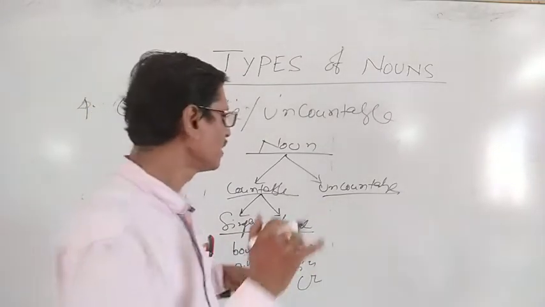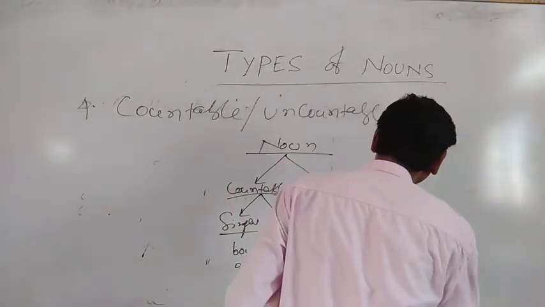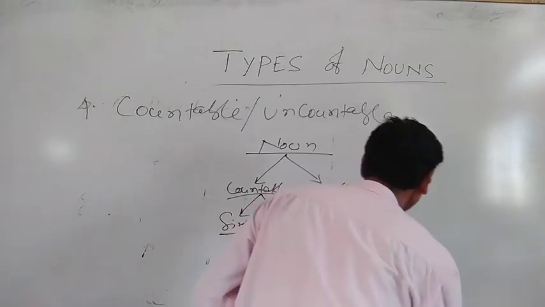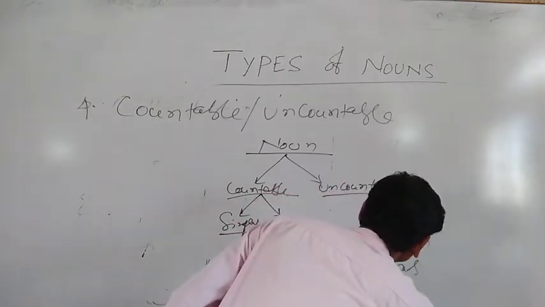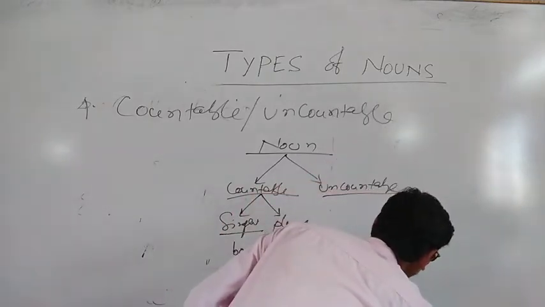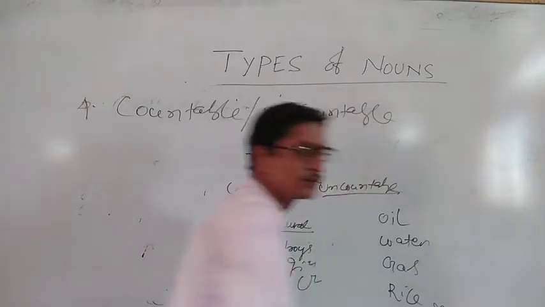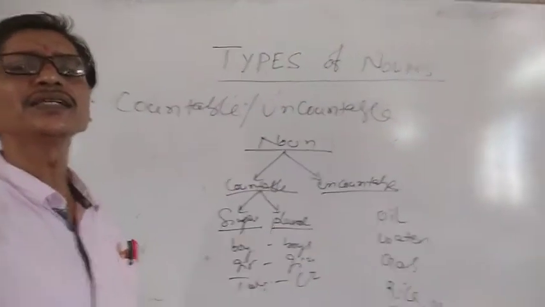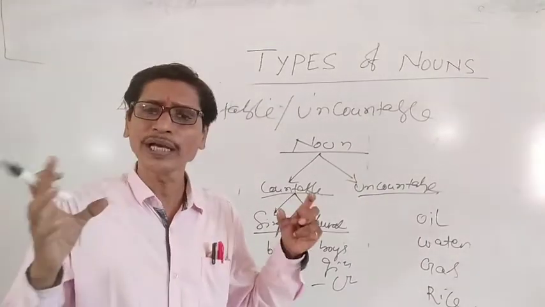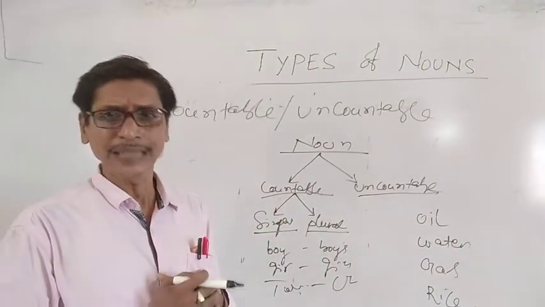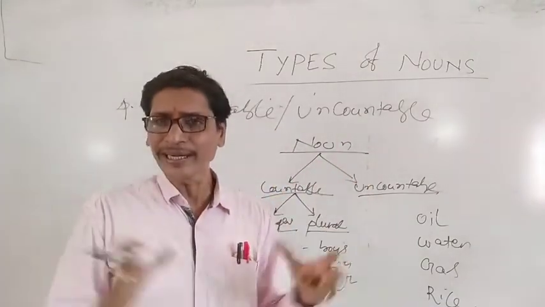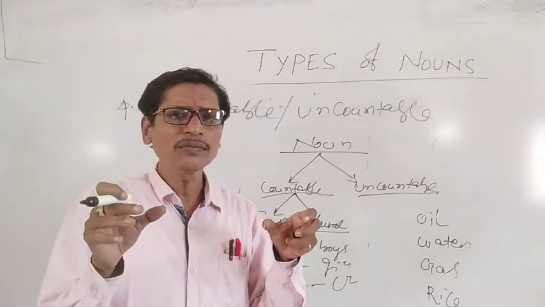Let's understand. Uncountable nouns like oil, water, gas, rice, knowledge. These are some uncountable nouns; with numbers we cannot count them. Therefore, to know their amount or quantity, we need some words.